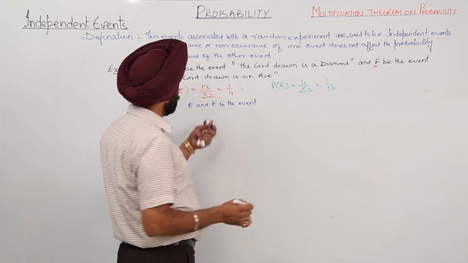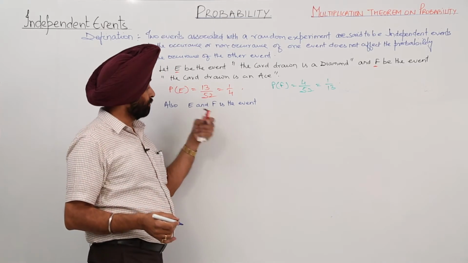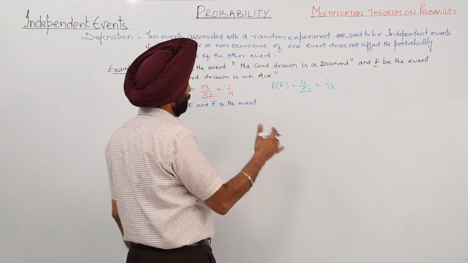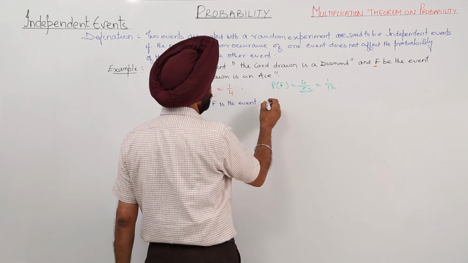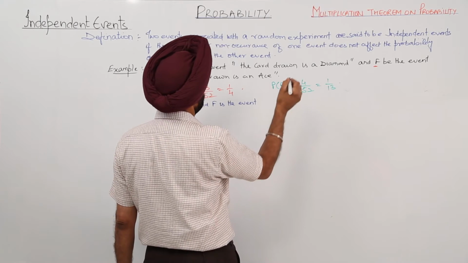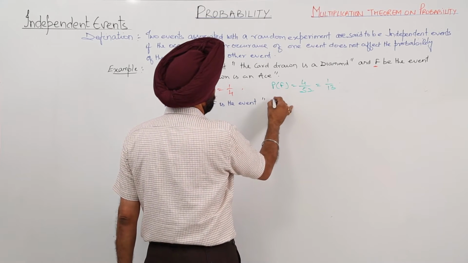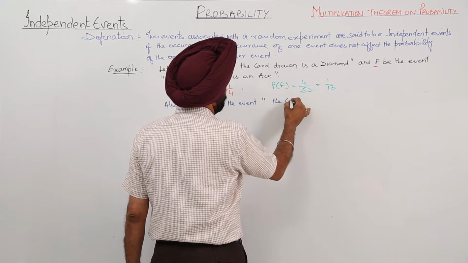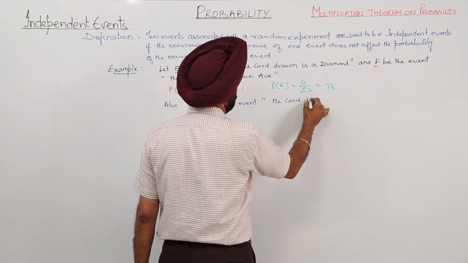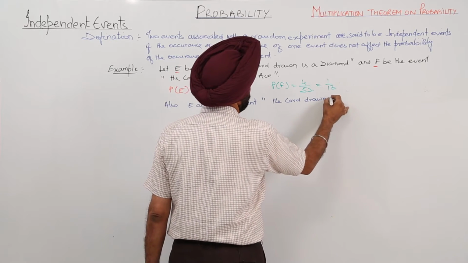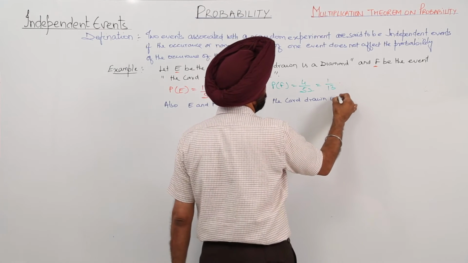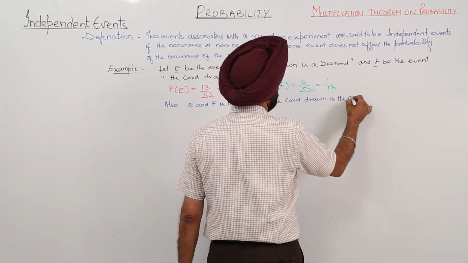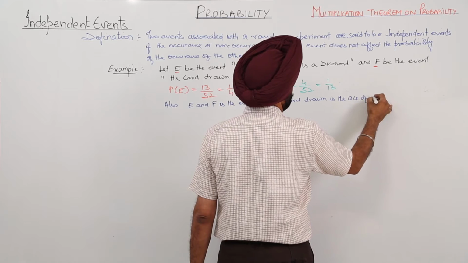Now E and F is the event the card drawn is the ace of diamond.